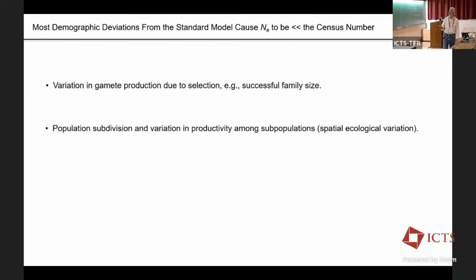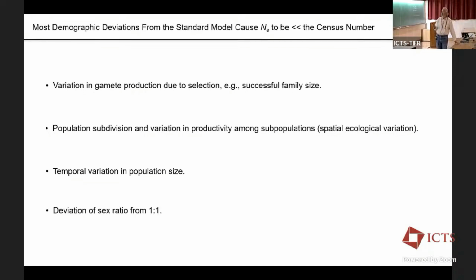Population subdivision and variation in productivity among subpopulations will also influence effective population size. If there's temporal variation in population sizes, which there always will be, the long-term effective size comes to resemble more closely the bottleneck size as opposed to the flush size.